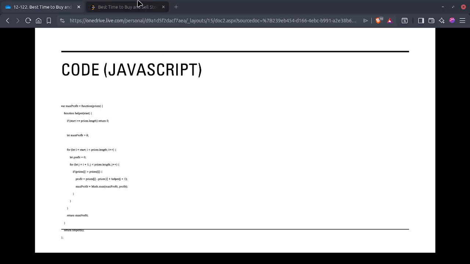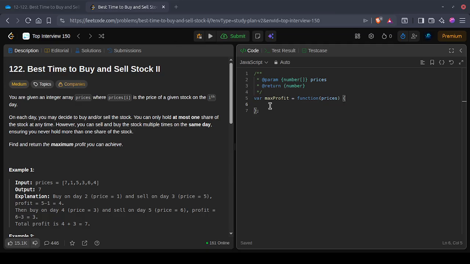So let's move to LeetCode and write the solution for this. First we will use a helper recursive function. This function tells us the maximum profit starting from a given day. So function helper and start.